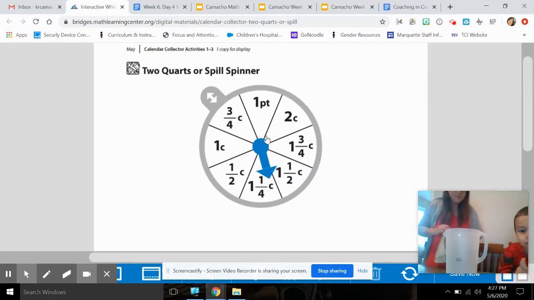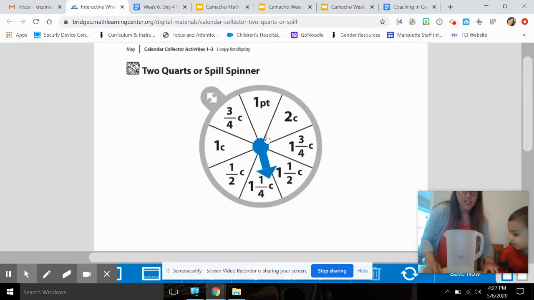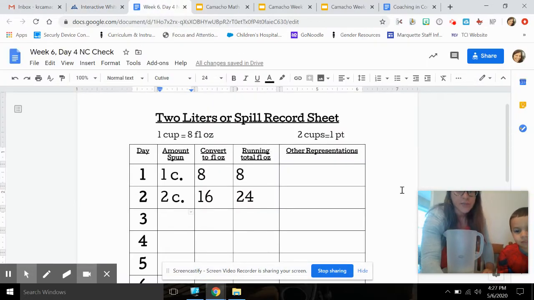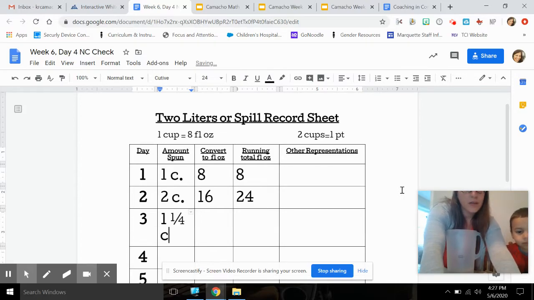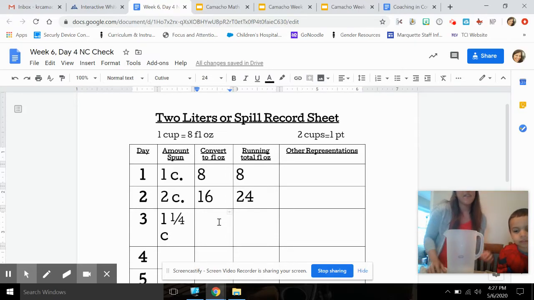What did we get, Wyatt? 1 1/4. Ooh, that's going to be a challenge. All right. So we're going to flip over here. Now I should say 1 1/4 here. And then I need to convert that to ounces. I already know that 1 cup is 8 ounces.